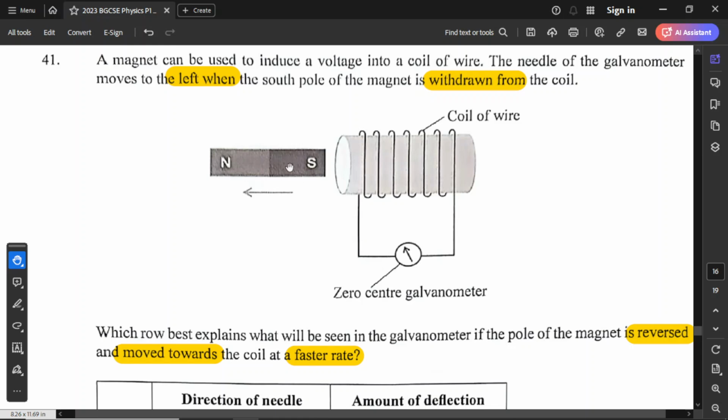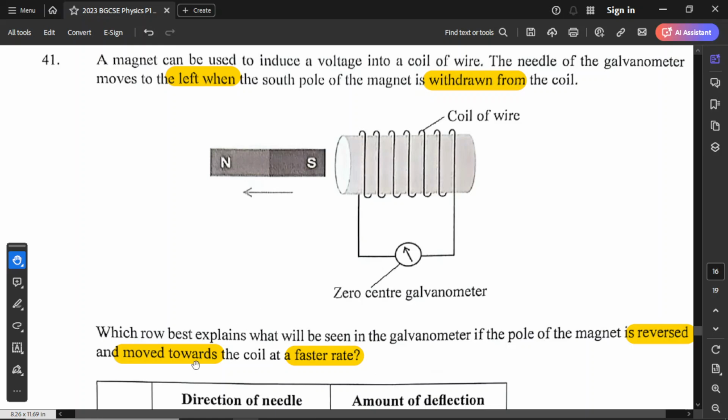In the first scenario, the deflection is towards the left, and that occurs when you're withdrawing the magnet. So if you switch the poles around and withdraw the magnet, then we shift towards the right.